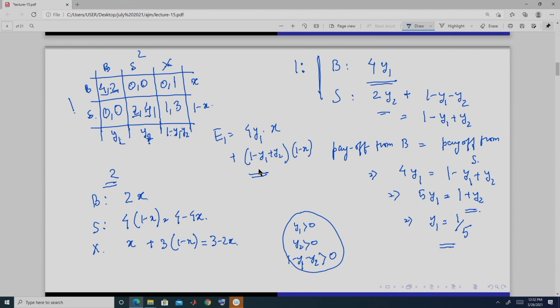This is the expected payoff, and player 1 is going to choose x in such a way that it is maximum with respect to x. So, if you maximize this with respect to x, you will get that 4y1 should be equal to this. So, it will attach probability x in such a way that these two are equal. Or you can say it is only going to attach some probability when they are equal.